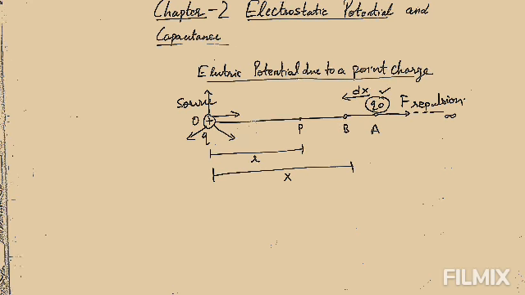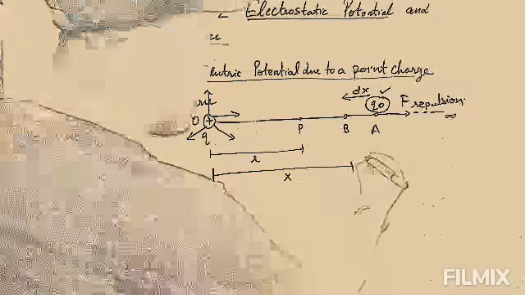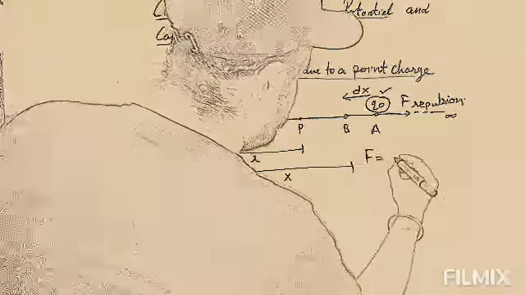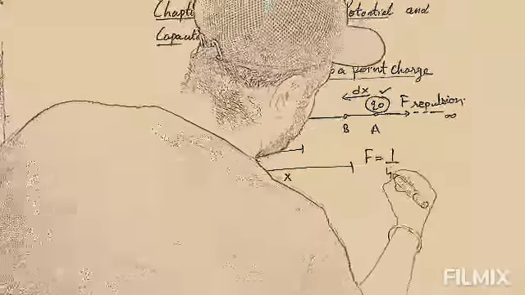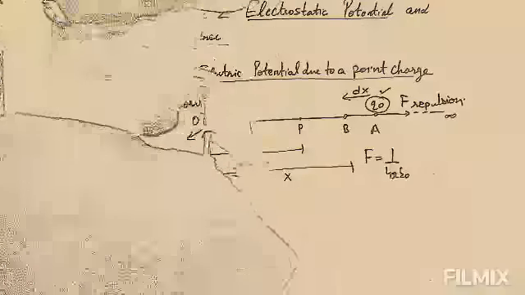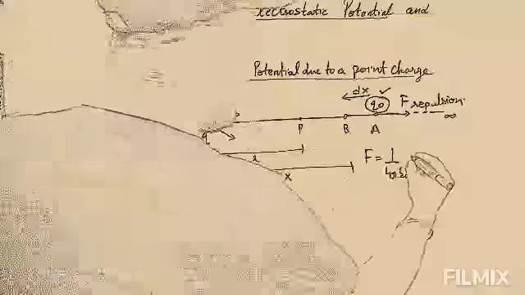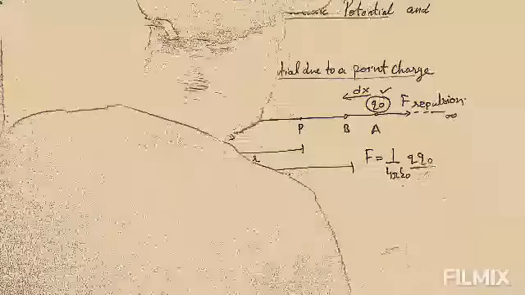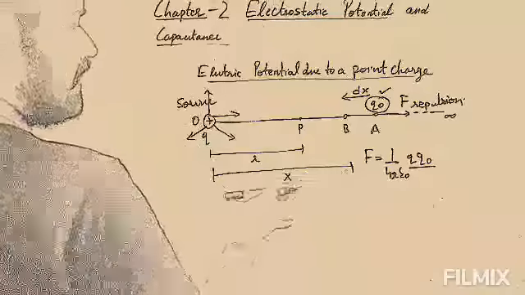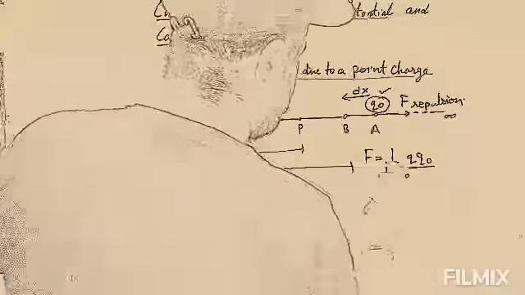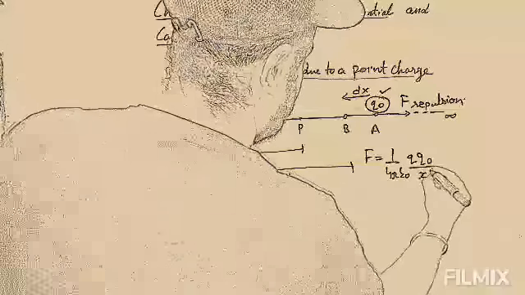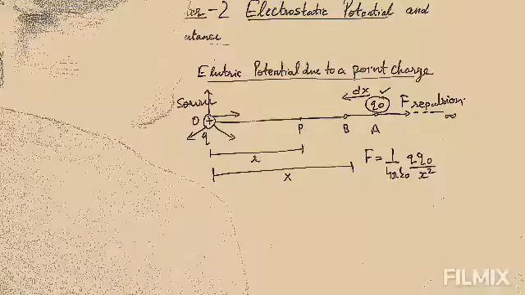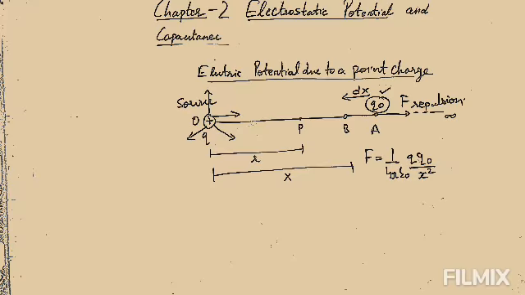So here we will have the force of repulsion, given as F is equal to 1 by 4 pi epsilon naught as constant, times the product of both the charges, that is source charge and test charge, divided by the square of the distance between these 2 points.